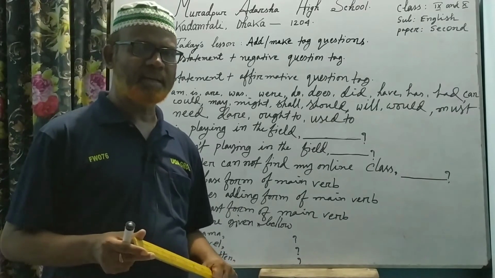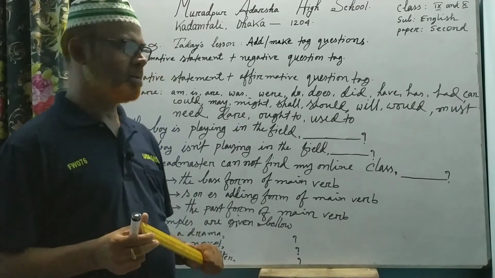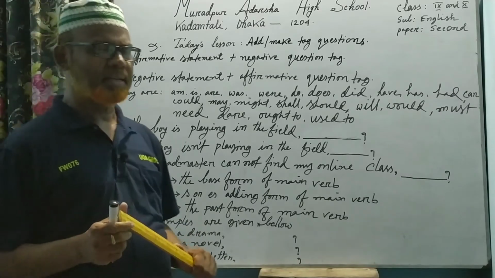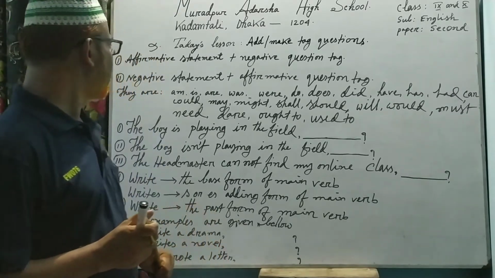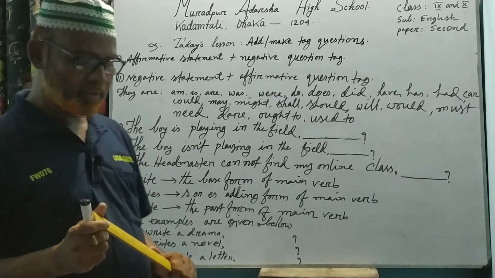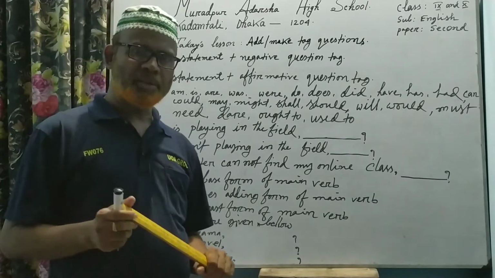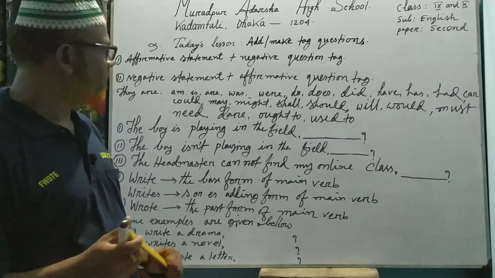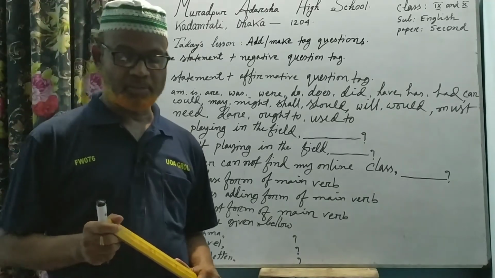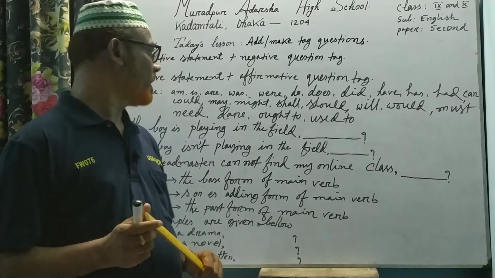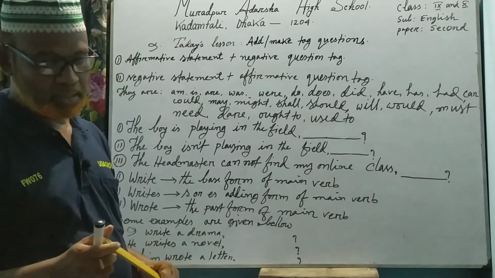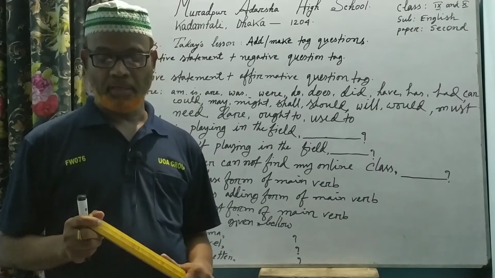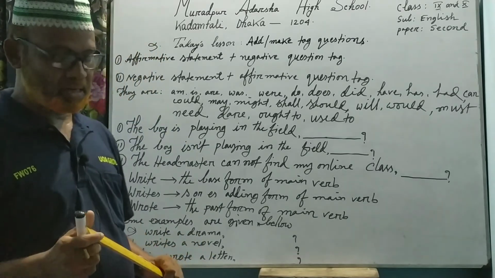This question is the easiest question of English second paper of class 9 and 10. Students, do you know what is called tag question? I am telling the definition of tag question now.